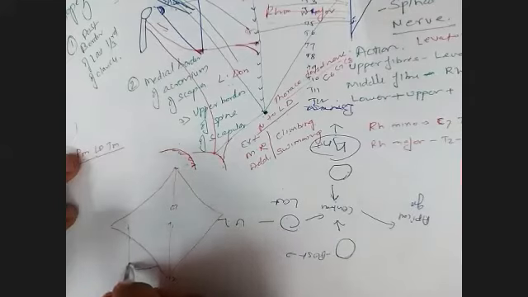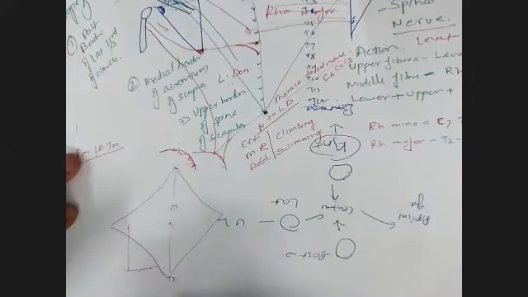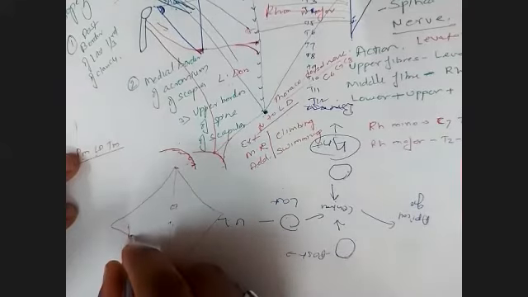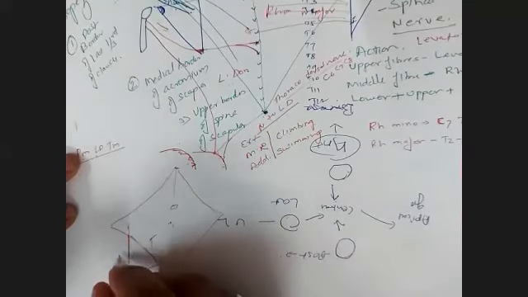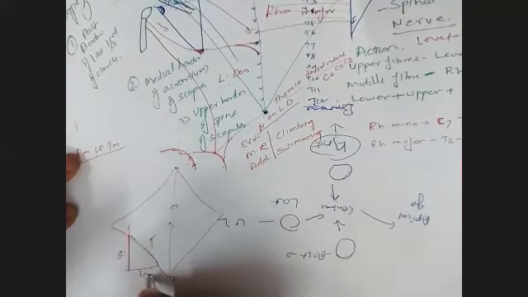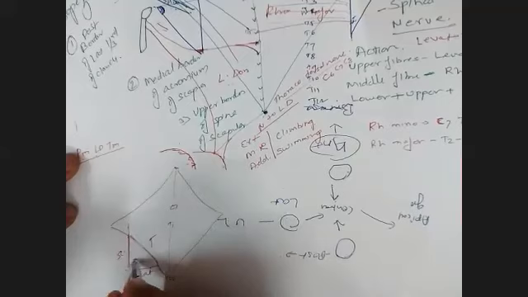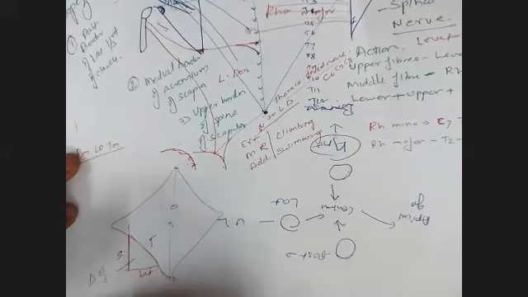This is the lateral border of trapezius, this is the medial border of scapula, and this is the upper border of latissimus dorsi. So this triangle is called the triangle of auscultation.